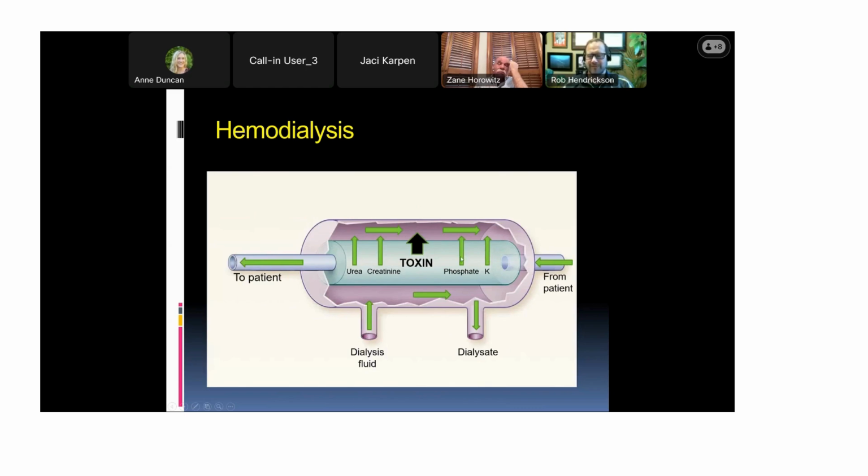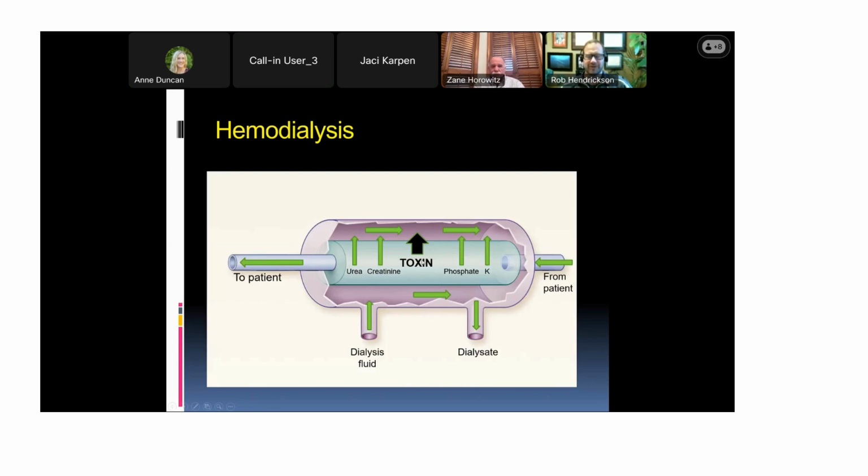So if this blood right here, forget about toxins for a minute, if it's got a potassium of 8, the dialysis fluid has a potassium of 3 or 4, then potassium will flow out from the blood because it's 8 milliequivalents per liter, and it's going to go into the dialysate.